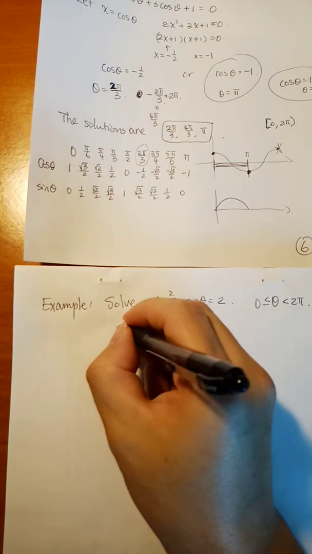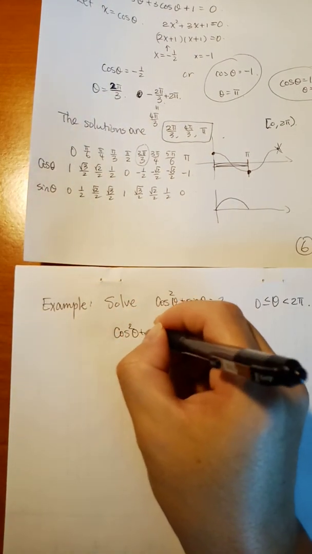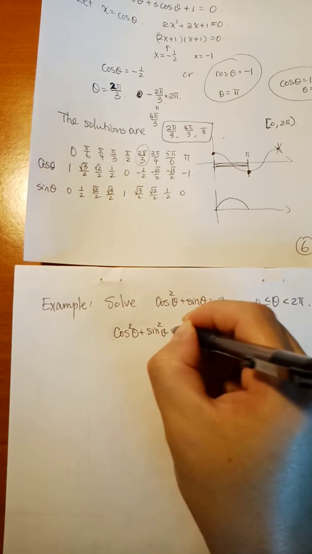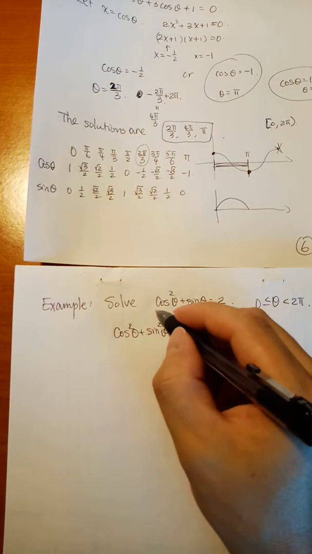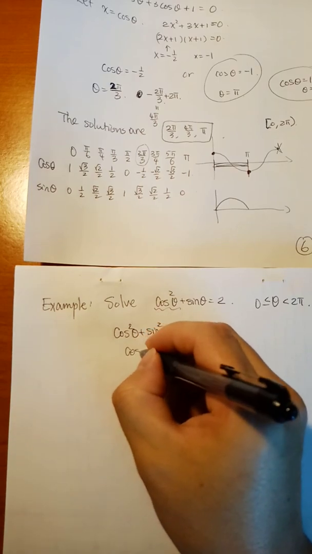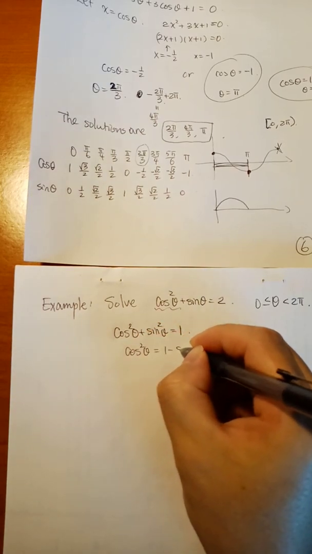Same thing. We apply this trig identity: cosine square plus sine square is equal to 1, and here we will get cosine theta square is 1 minus sine theta square.